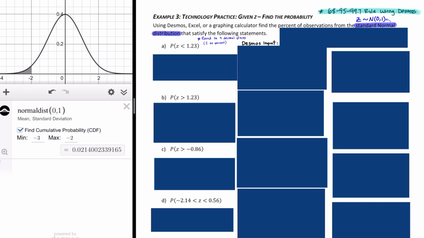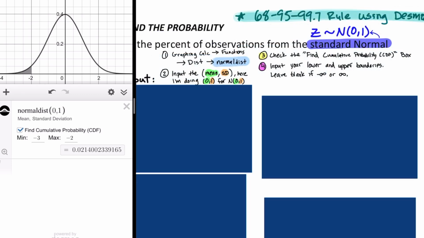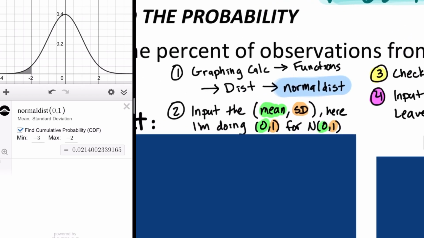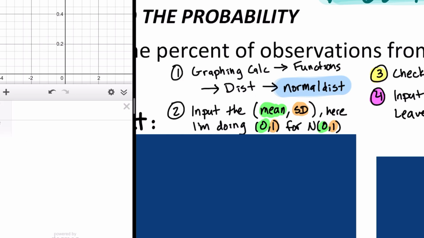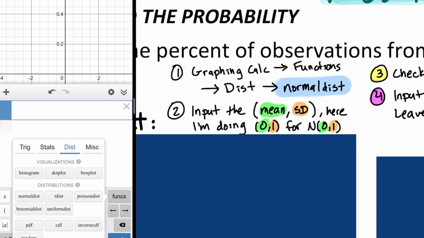So first, let's talk about the directions. Here's some quick directions about how we get here. First up, in the graphing calculator function of Desmos, pick functions, and then pick distribution, and then normal distribution. I'll do that one more time real fast. In the graphing calculator, type in the entry line, pick functions, pick distributions like I'm already at, and then normal distribution.